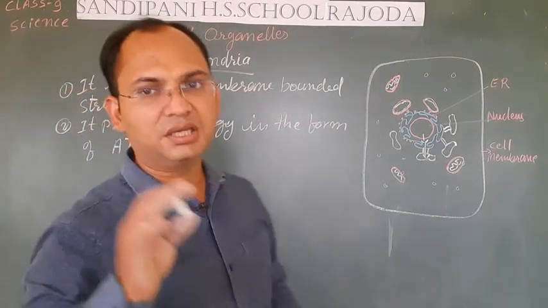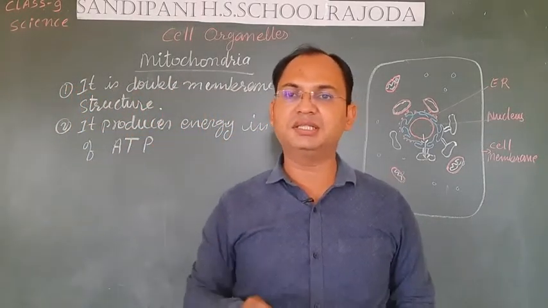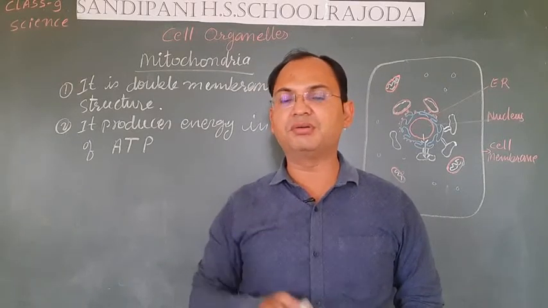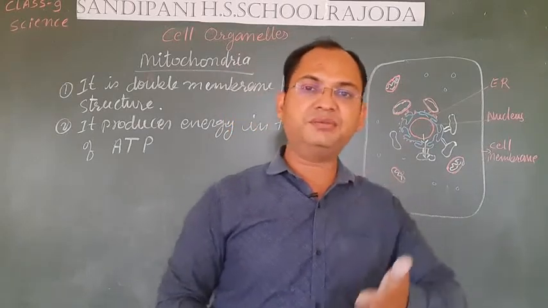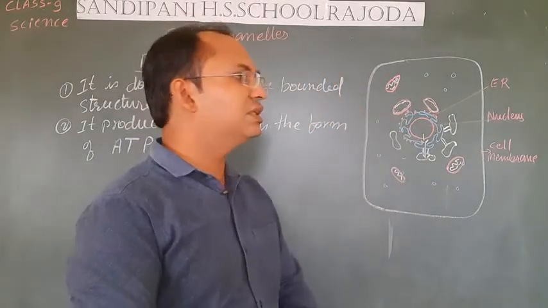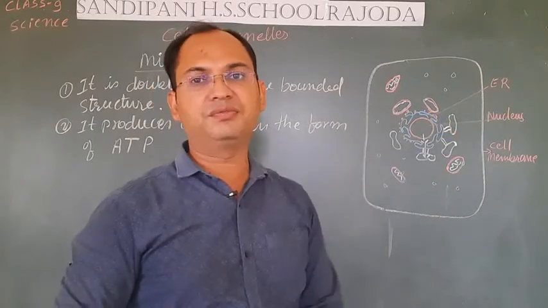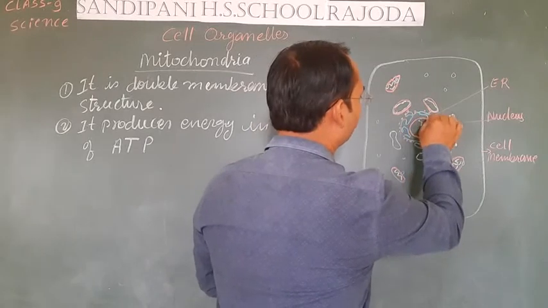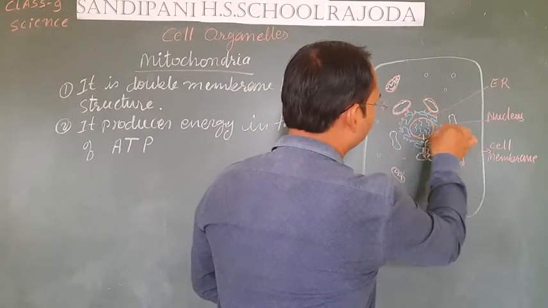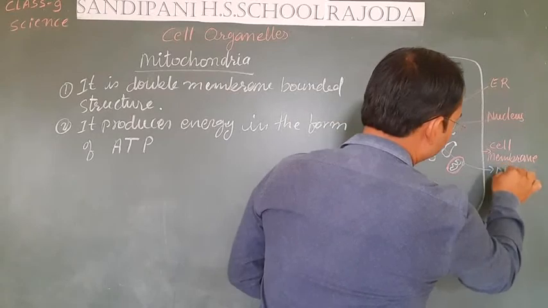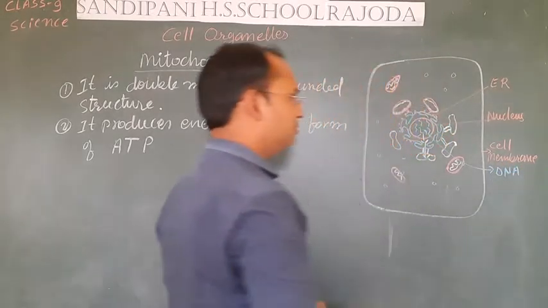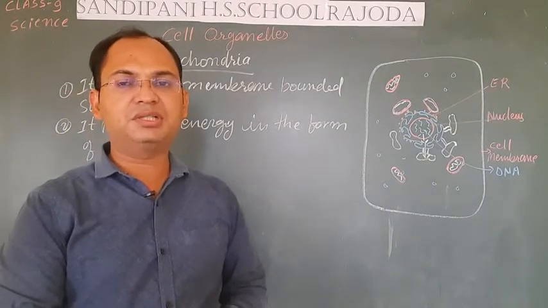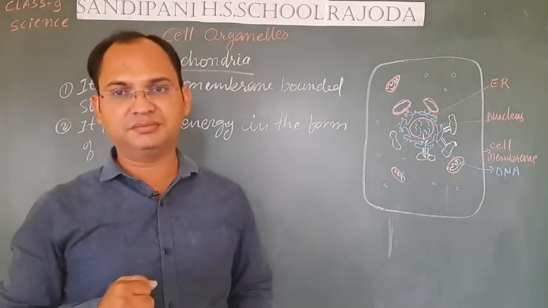Next, another most important property of the mitochondria is that it is a semi-autonomous cell organelle. What is the meaning of semi-autonomous? Students, we have seen that the DNA is present inside the nucleus of the cell in the form of chromosomes. Here the chromatin material is present, in which DNA is present, which controls all the activities of the cell. But mitochondria has its own DNA also.